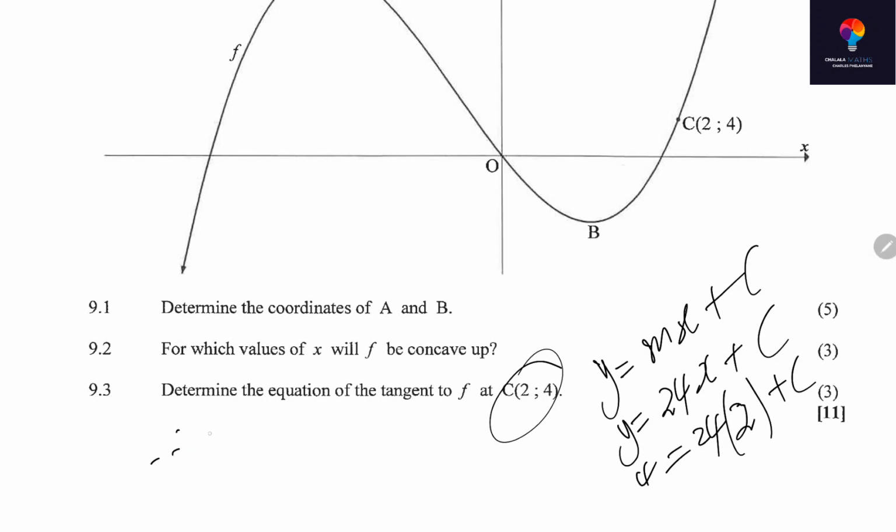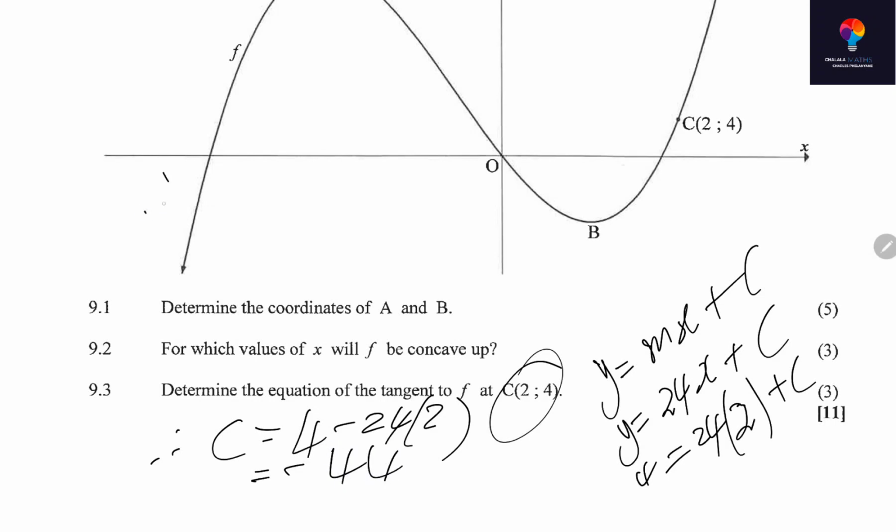Therefore, c is going to give us 4 minus 24 times 2, which is 48. Then 4 minus 48 is going to give us minus 44.